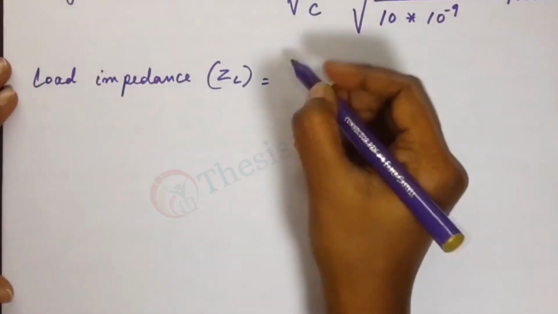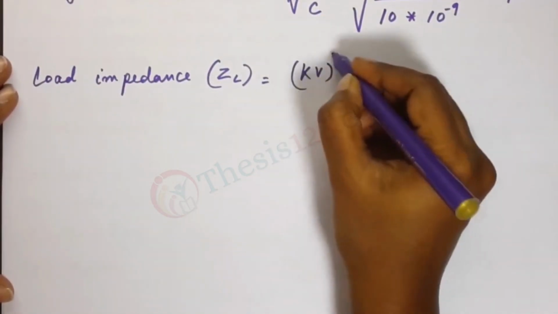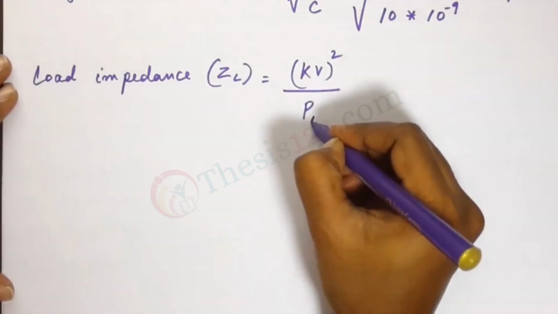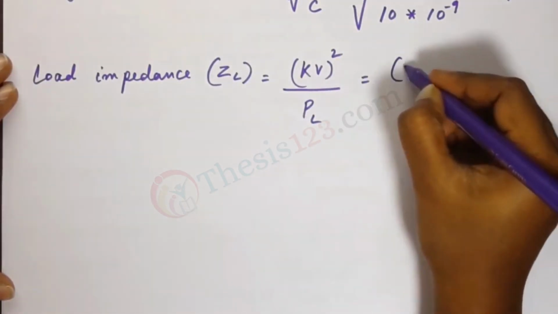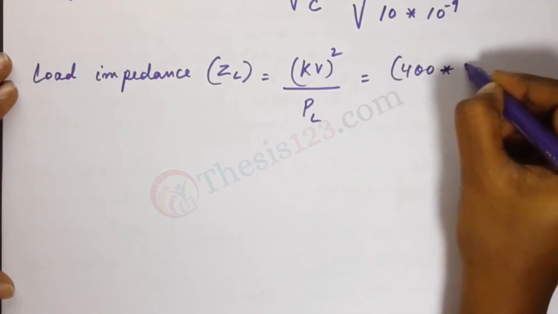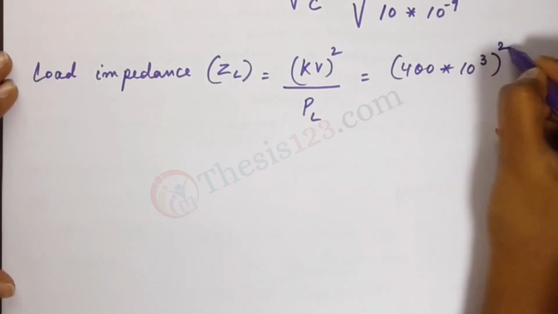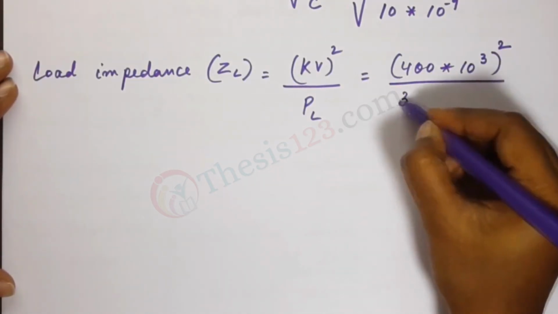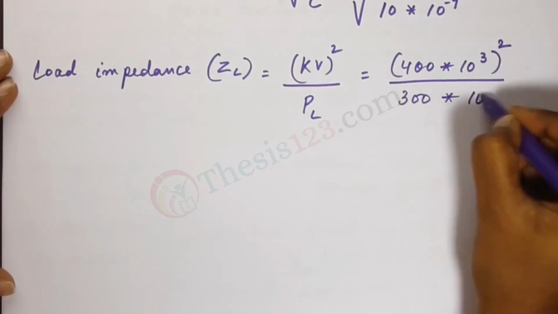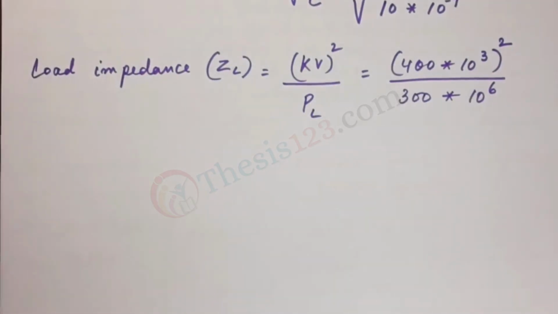So the load impedance is kV squared divided by the load power: (400 × 10^3)^2 divided by 300 × 10^6.